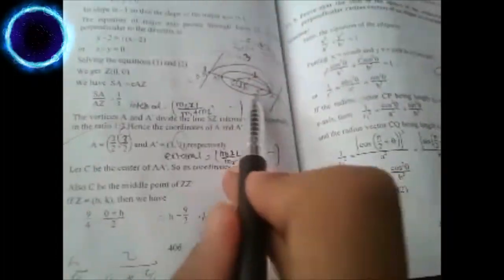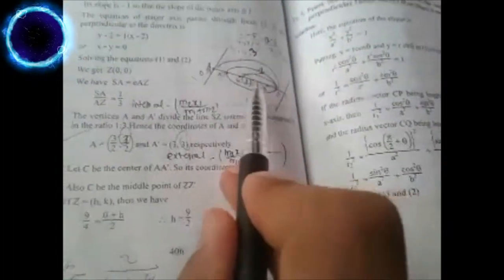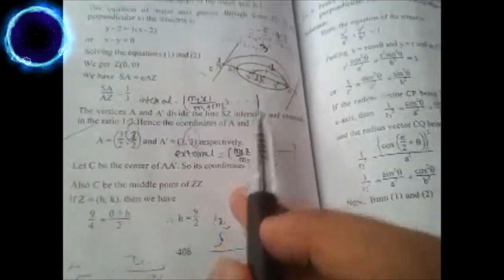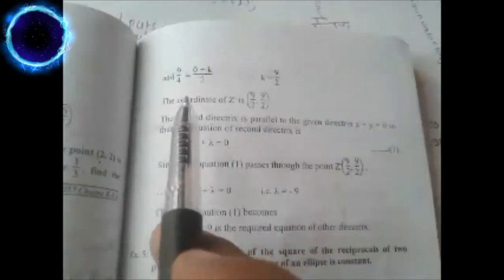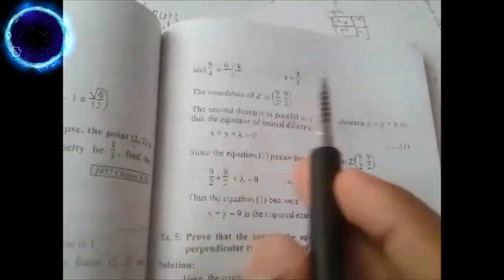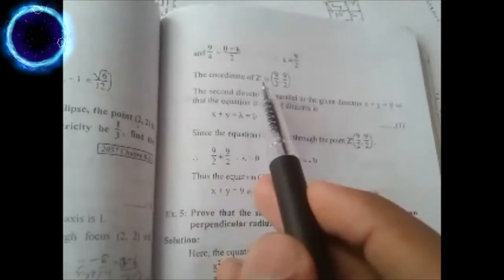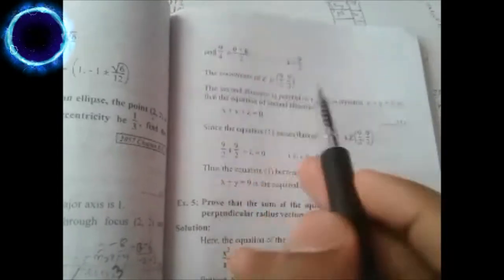We have found the value of h comma k, that is the coordinate of Z' is (h, k).